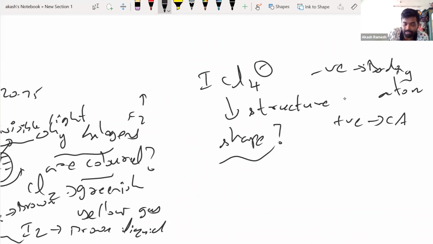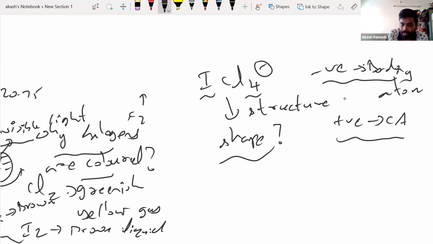Not only in this, in any kind of structure, negative charge goes to the bonding atom, positive charge goes to the central atom. In this case, the central atom is iodine, the bonding atoms are chlorine. So I have a negative charge, so obviously the negative charge goes to chlorine.